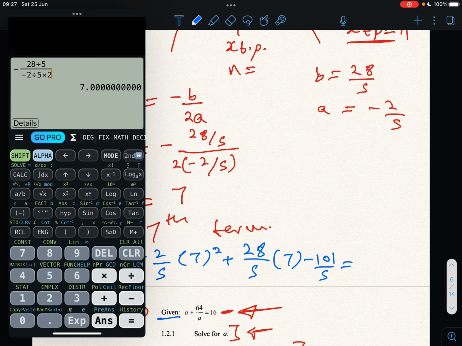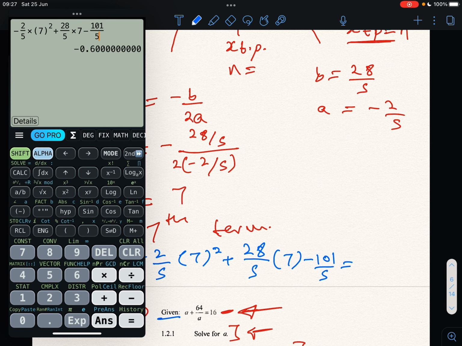So that's -2 divided by 5 times 7 all squared, plus 28 divided by 5 times 7, minus 101 divided by 5. We get -0.6.